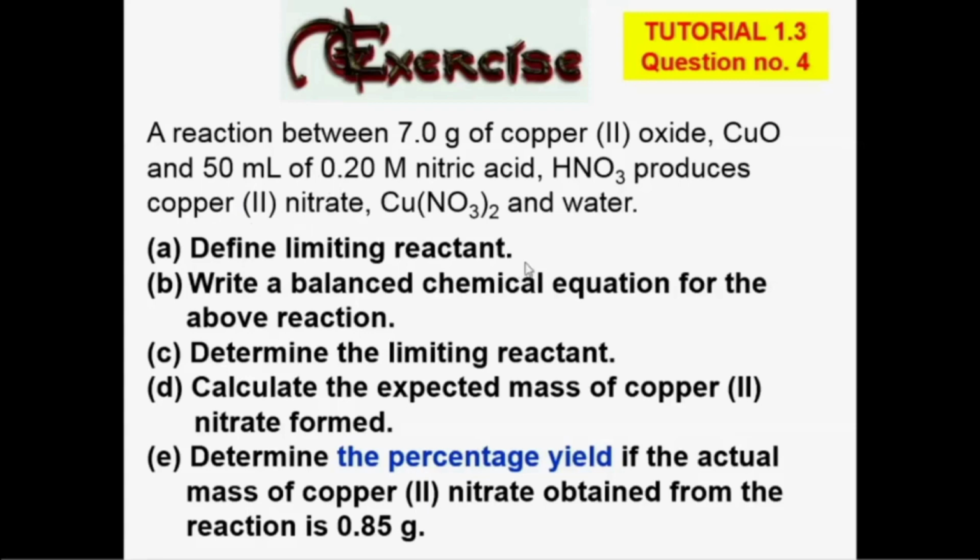A, define limiting reactant. B, write a balanced chemical equation for the above reaction, and then determine the limiting reactant. Then calculate the expected mass of copper 2 nitrate formed, and lastly, determine the percentage yield if the actual mass of copper 2 nitrate obtained from the reaction is 0.85 grams. Later we will discuss what the percentage yield is. So let's solve for A to D first.